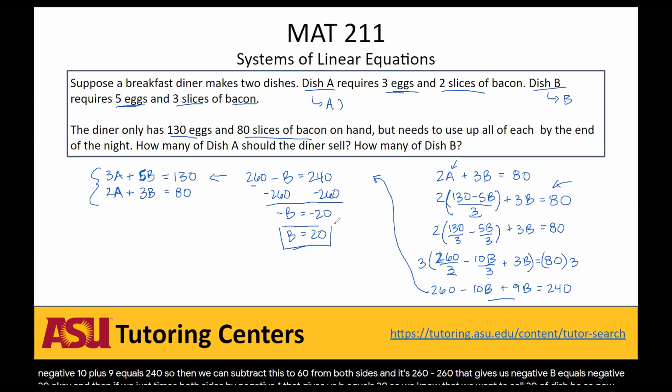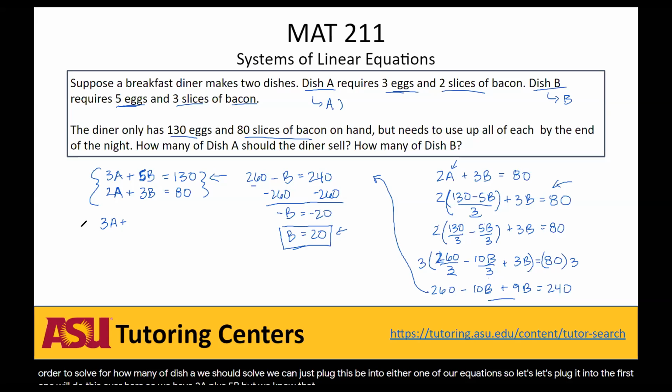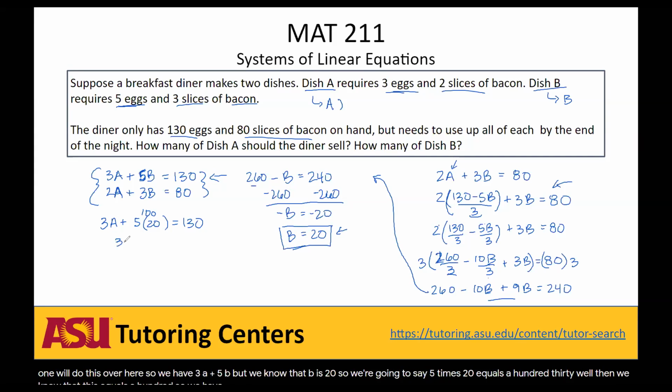So now, in order to solve for how many of dish A we should sell, we can just plug this B into either one of our equations. So let's plug it into the first one. We have 3A plus 5B, but we know that B is 20, so we're going to say 5 times 20 equals 130. Well, then we know that this equals 100, so we have 3A plus 100 equals 130.